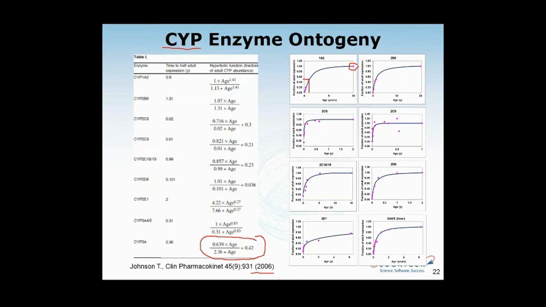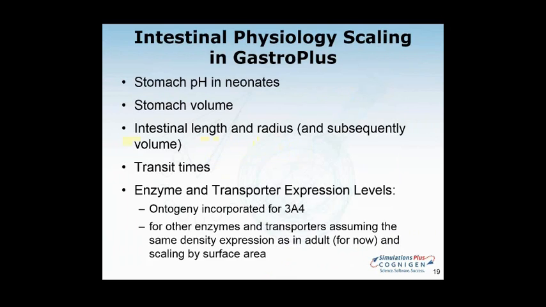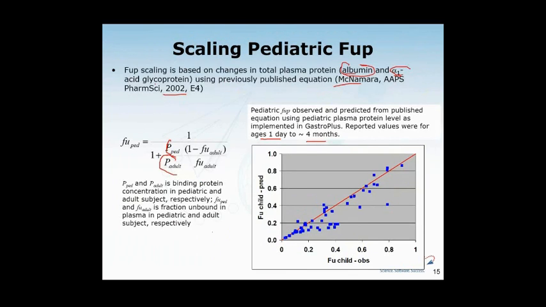Okay, thank you. And then maybe just one question concerning the fraction unbound correlations. I think fraction unbound in pediatrics is calculated using measured protein concentrations, right? My understanding is that it's measured as fraction unbound in the plasma; people are not measuring the protein concentration specifically.